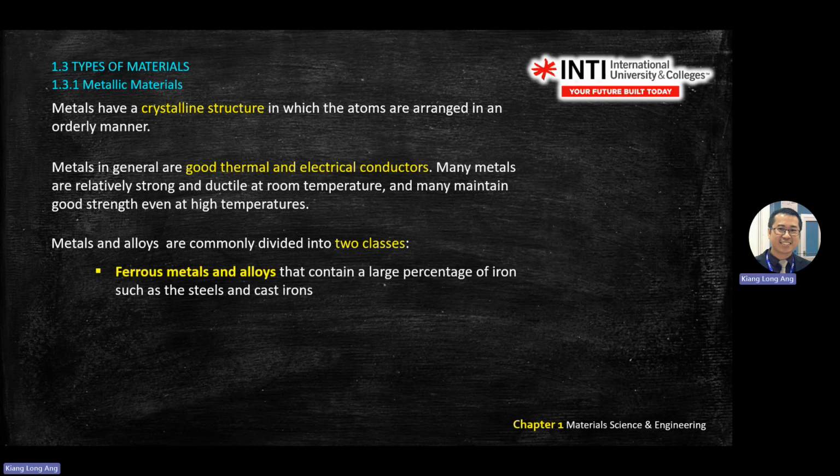Metals are good thermal conductors and electric conductors. In your lab, there will be one experiment to test the thermal conductivity of the material. You put wax here, and then you put a nail here. Then you use a different rod. This rod can be aluminum or copper.